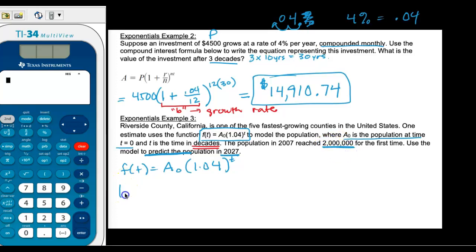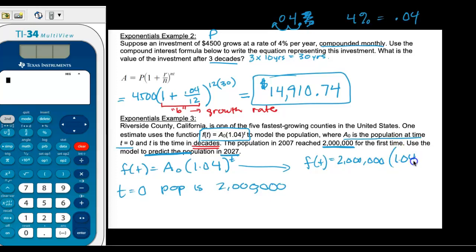So if we say that at t equals 0, the population is 2 million, that's just basically saying, hey, when we start the clock or the counter, we'll just think of 2007 as sort of where we start, and we'll think of 2 million as the population at that time. So we're going to rewrite this function with 2 million in for the initial population. And remember, t is in decades, which are 10-year chunks.